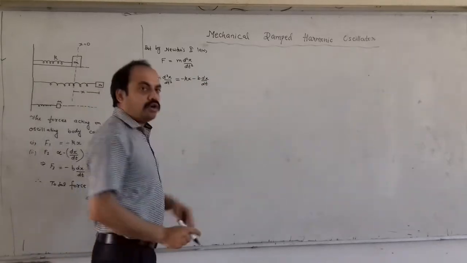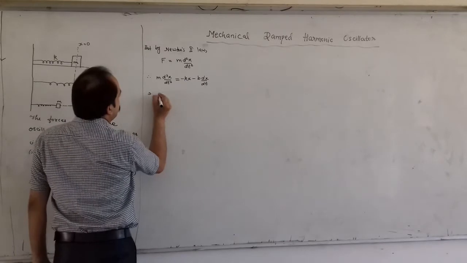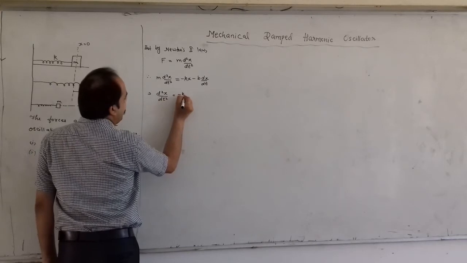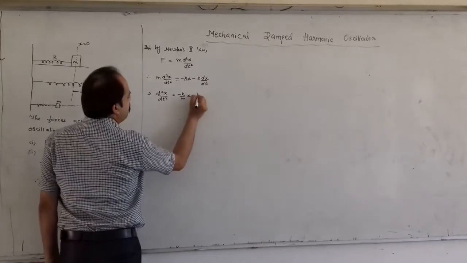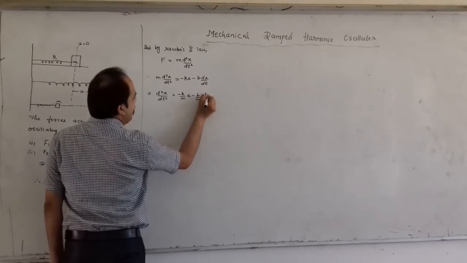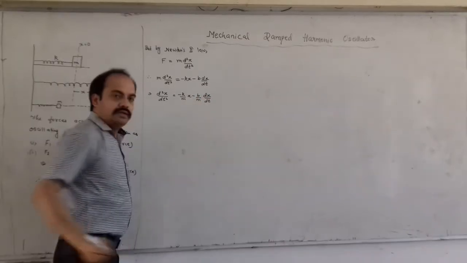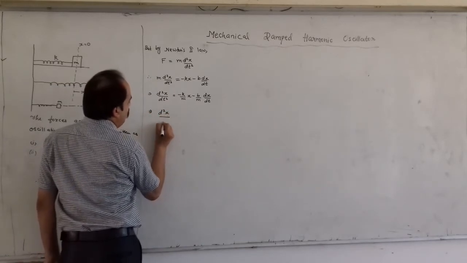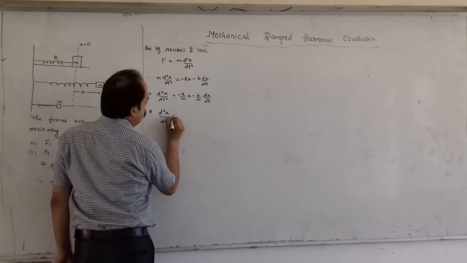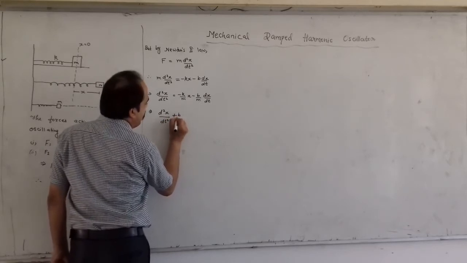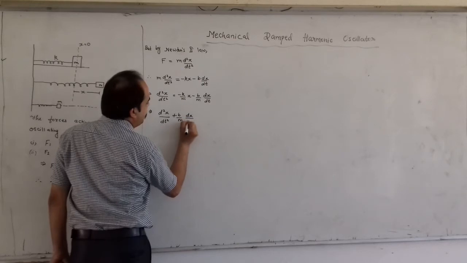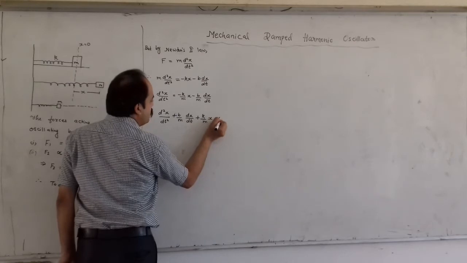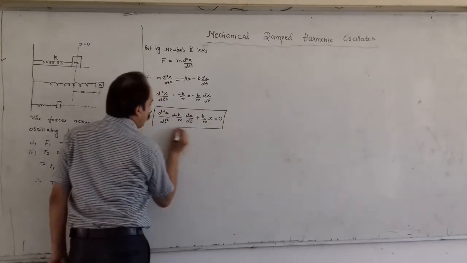Simplifying, d2x upon dt square is equal to minus k upon m x minus b upon m dx by dt. Rearranging the terms, d2x upon dt square plus b upon m dx upon dt plus k upon m x is equal to 0. This is our equation of motion.